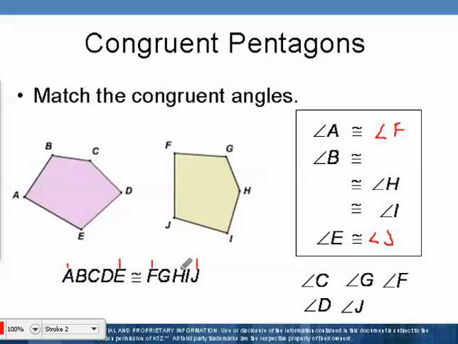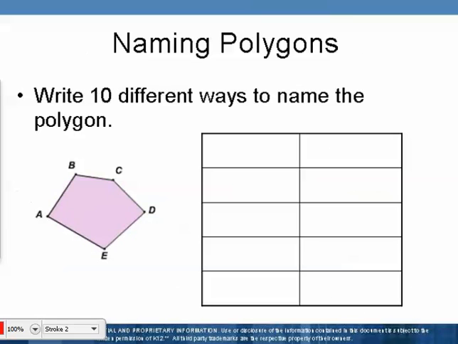Angle H is the third one over here. It's going to relate to the third one over here. That's going to be angle C. Do you see how this works? It becomes very easy if we just use that naming mechanism to make certain we've got things named correctly. If they're named correctly, then we can see what's congruent to each other.